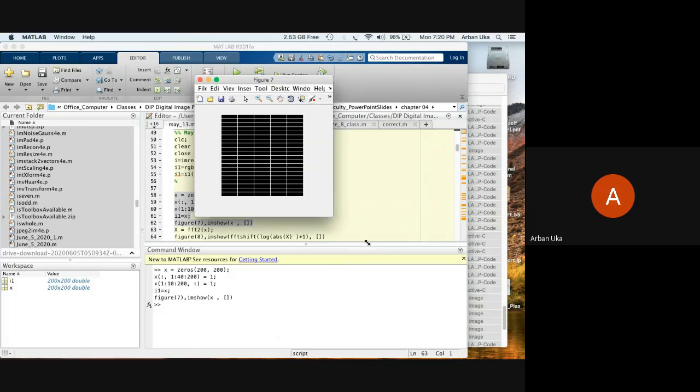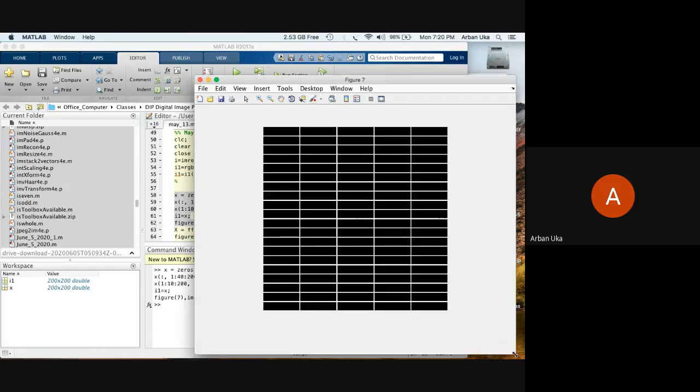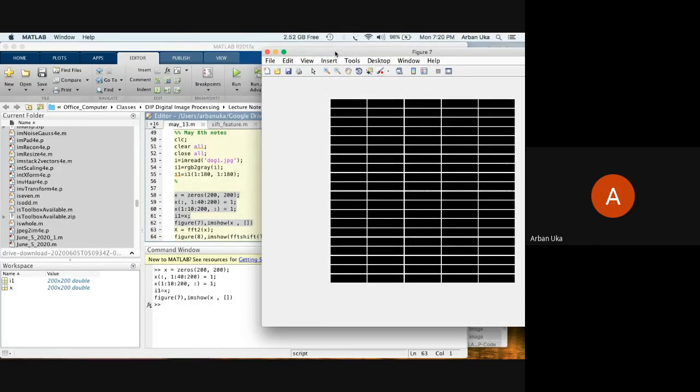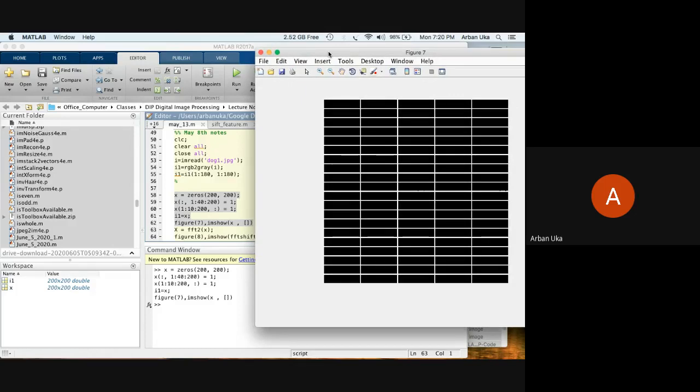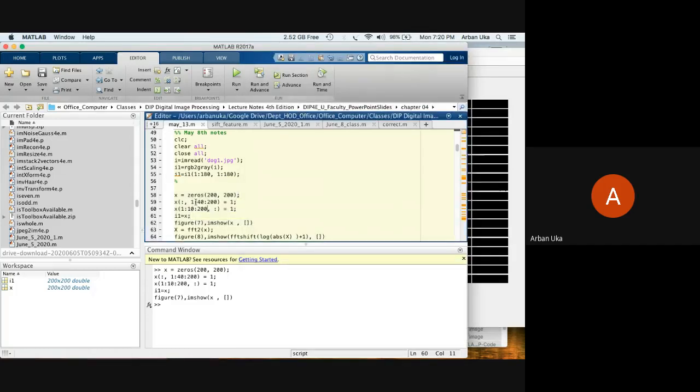Here we have another figure, which we construct artificially by having a matrix 200 by 200, and then all the rows with columns at a difference of 40. So we do this: the first column, the 40th column, the 80th column, 120, 160 and 200.